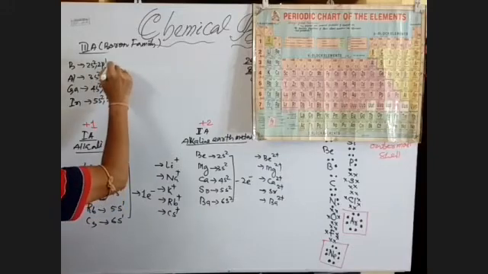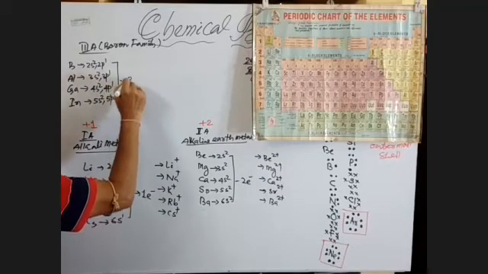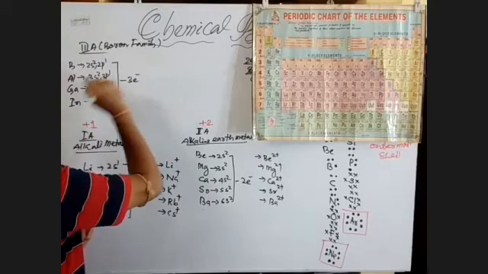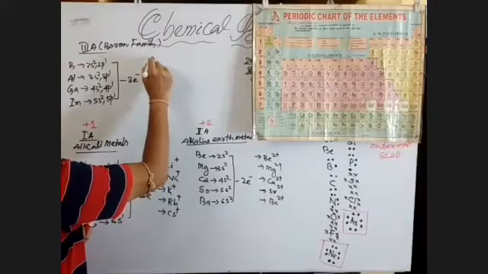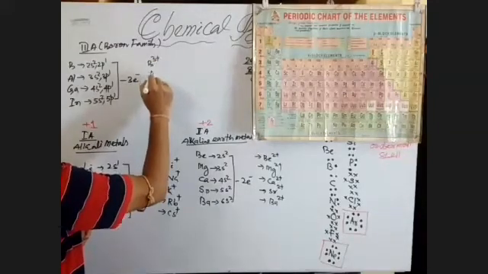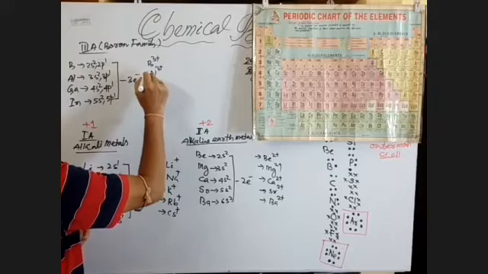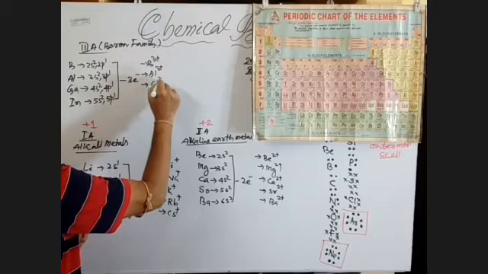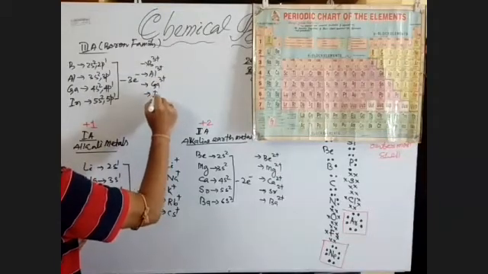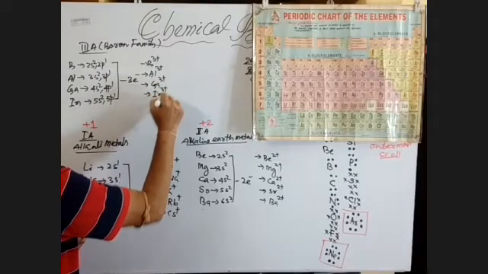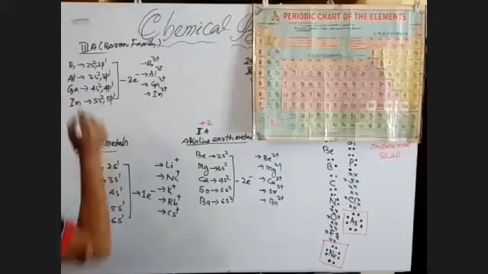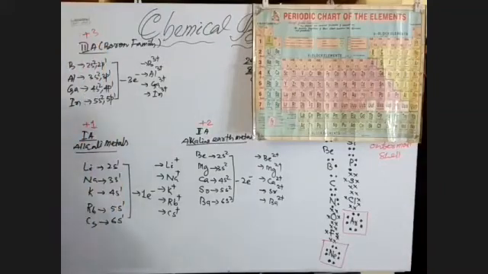That's why these elements have a tendency to lose three electrons to form the corresponding ions: B3+, next Al3+, next gallium 3+, next indium 3+. Right. So this third A group has a valency of plus 3 because they have a tendency to lose electrons.